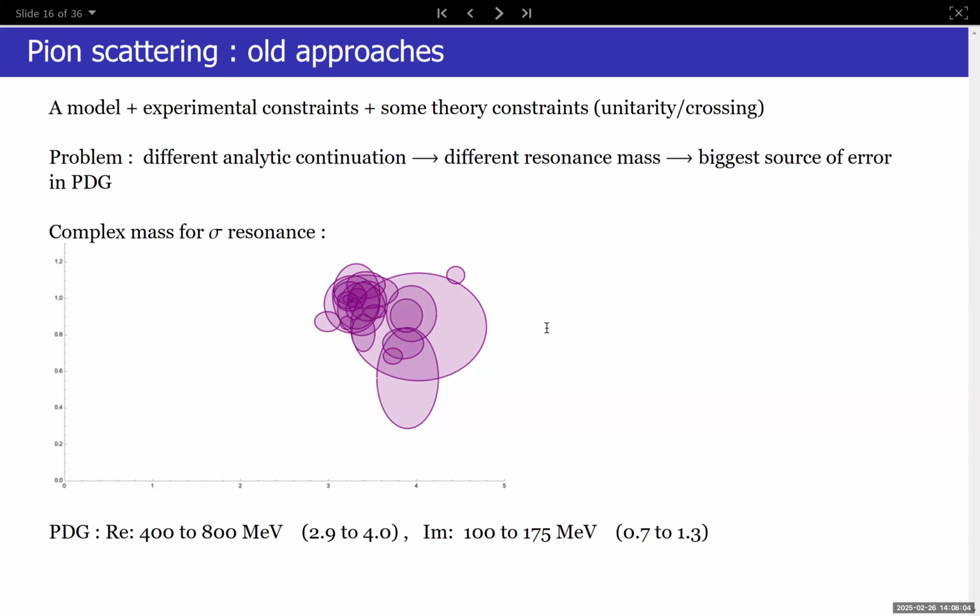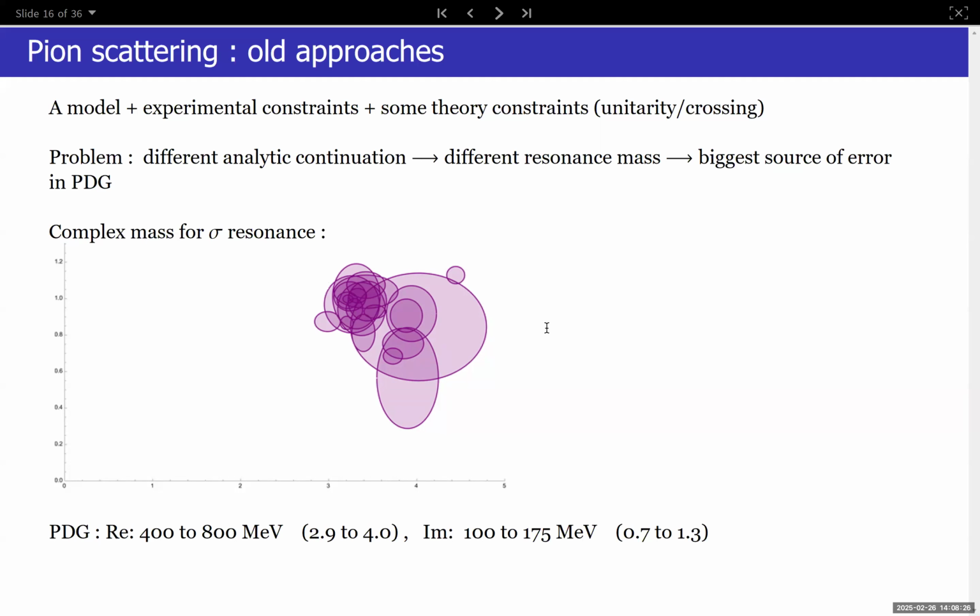So then if we think about this situation, what we really should do is something similar, but we should impose a model-independent ansatz and try to do it in a generic way and try to impose all the theory constraints.